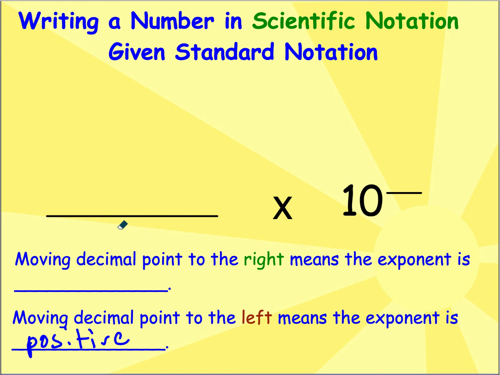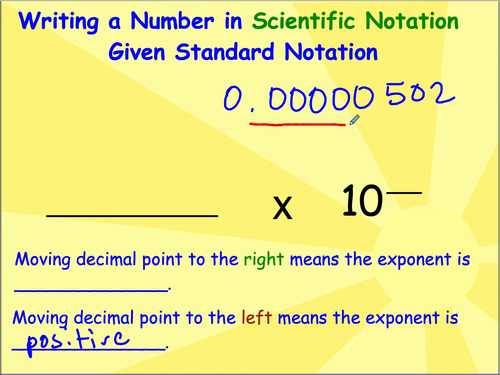So let's say I had a number where the first significant digit is after the decimal point. Where do I want my decimal point to be? As I go from the decimal to the right, the first non-zero digit is where I need the decimal point to be directly after. So I need it to be between the 5 and the 0 to the right of it. And it was a really, really small number.